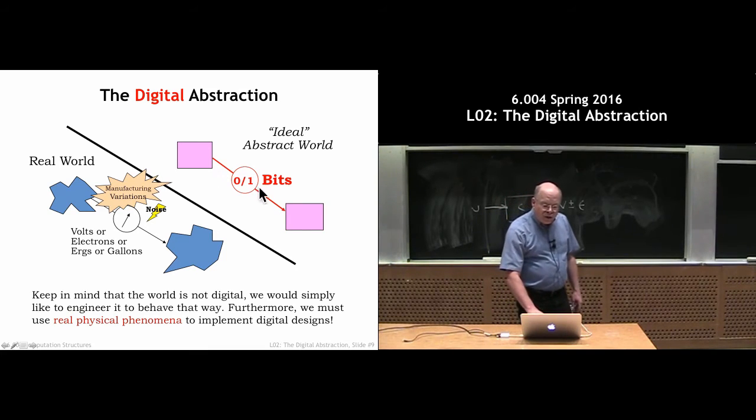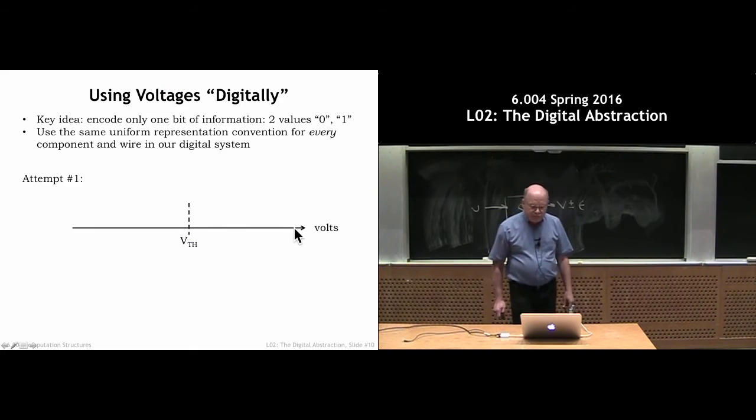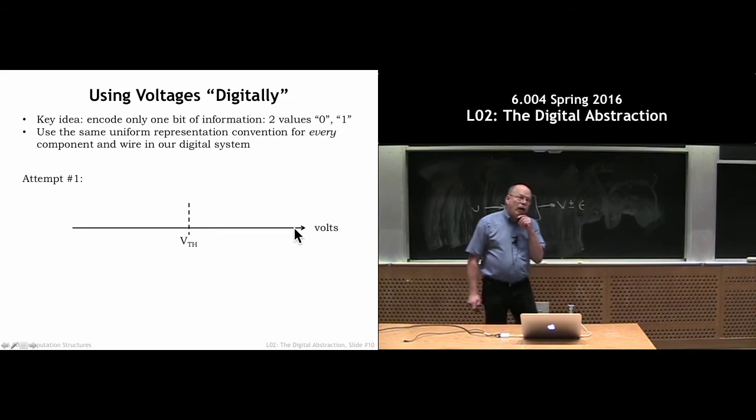So the next part of the lecture is figuring out how to interpret voltages digitally. The idea is that even though there are small changes and bad things happening in the real world, we'll still have a very reliable representation for zeros and ones. So that's our mission.